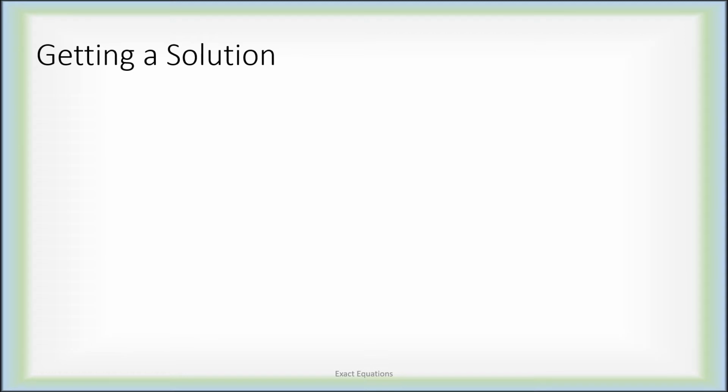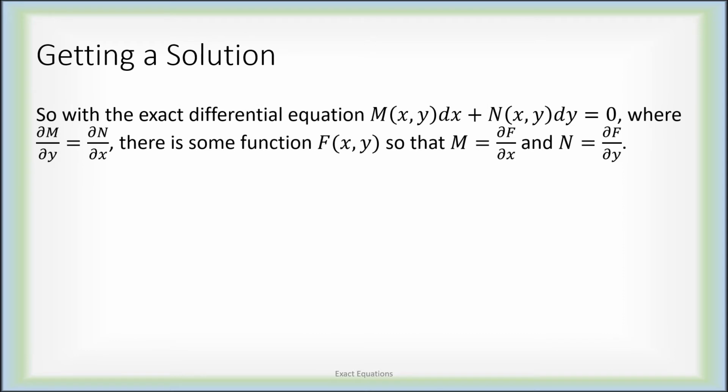So if we have this scenario, how are we going to solve our differential equation? So suppose we have M of x,y dx plus N of x,y dy is 0, where dM/dy equals dN/dx. Therefore, there must be some function capital F so that M is its x partial derivative and N is its y partial derivative.